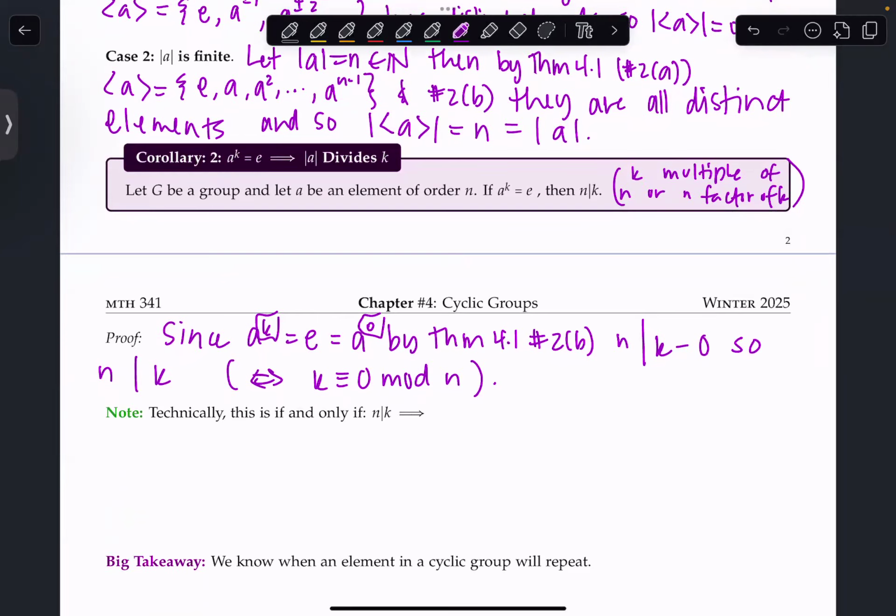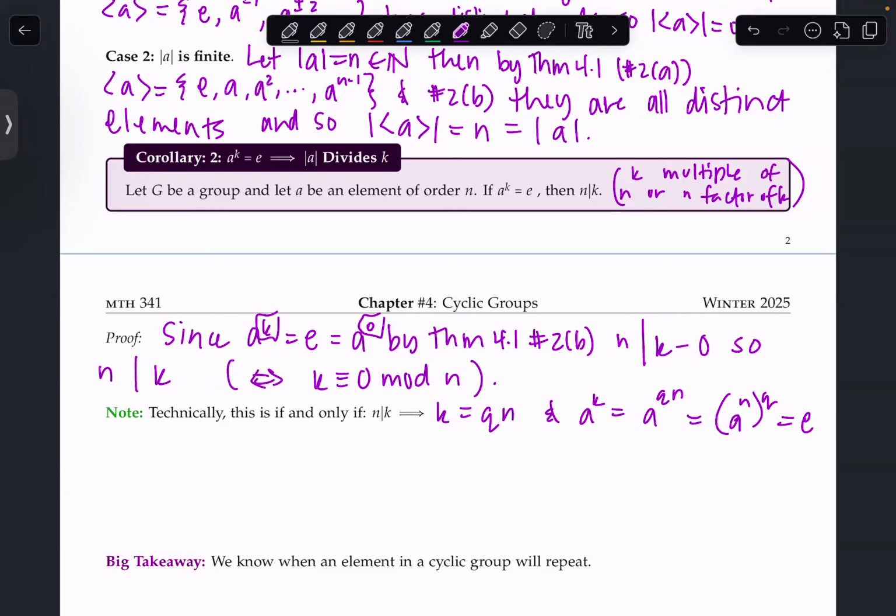Okay, so if n divides k, we've really seen this case already. I can write k as a multiple of n. And so if I take A to this power, I can rewrite it as q times n, and I'll do my trick with my powers to give me back my identity.